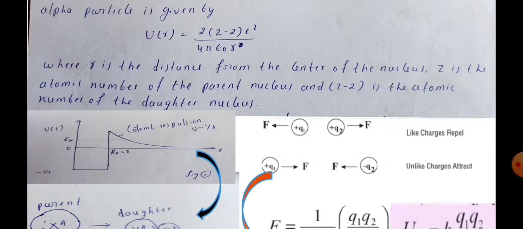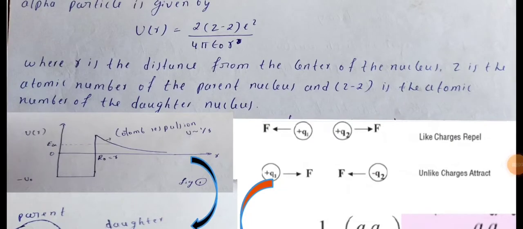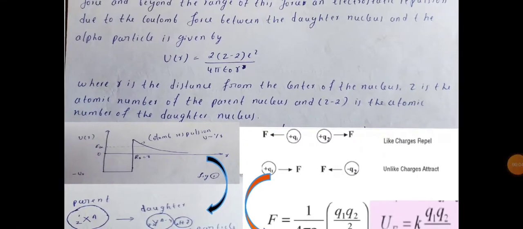Z minus 2 is the atomic number of the daughter nucleus, 2 is the atomic number of the helium nucleus, e is the charge, and 4 pi epsilon naught is the constant. Now let us see the next point.